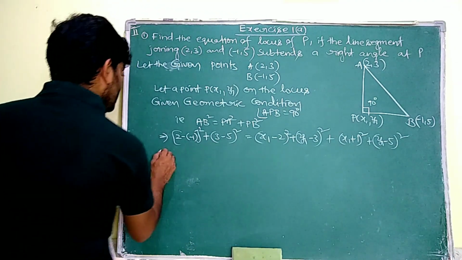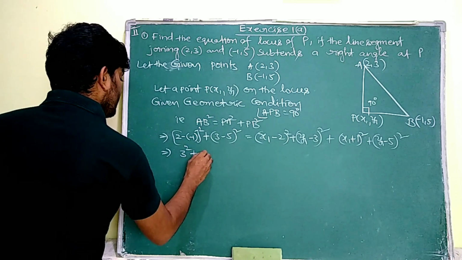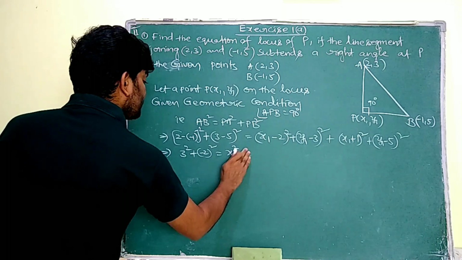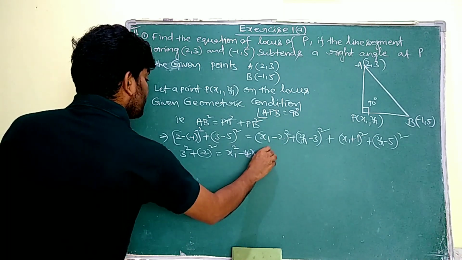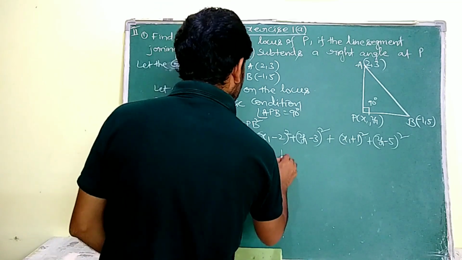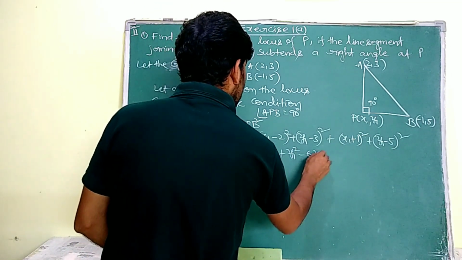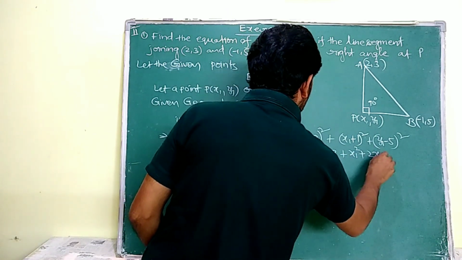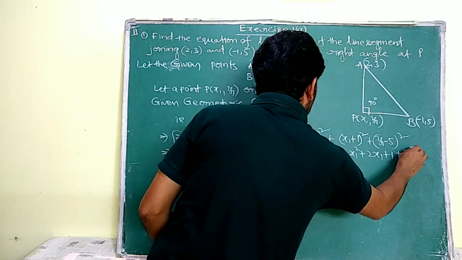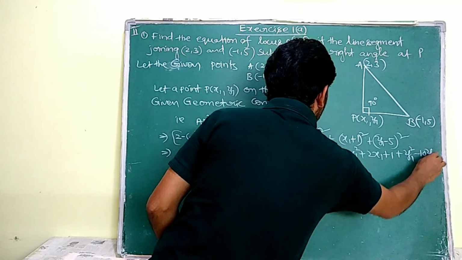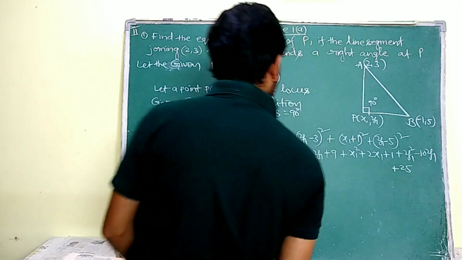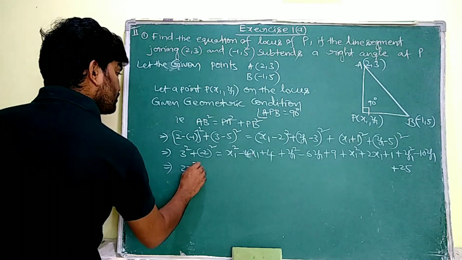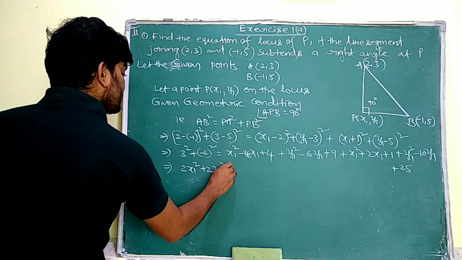So it is 3 square plus (-2) whole square equals x1 square minus 4x1 plus 4 plus y1 square minus 6y1 plus 9 plus x1 square plus 2x1 plus 1 plus y1 square minus 10y1 plus 25. Shift all the values to that side: that is 2x1 square, 2y1 square.